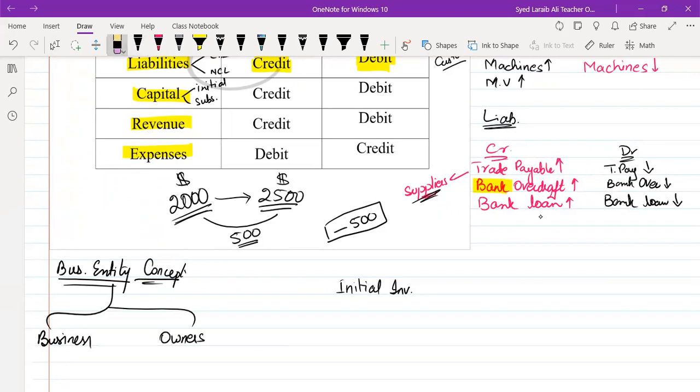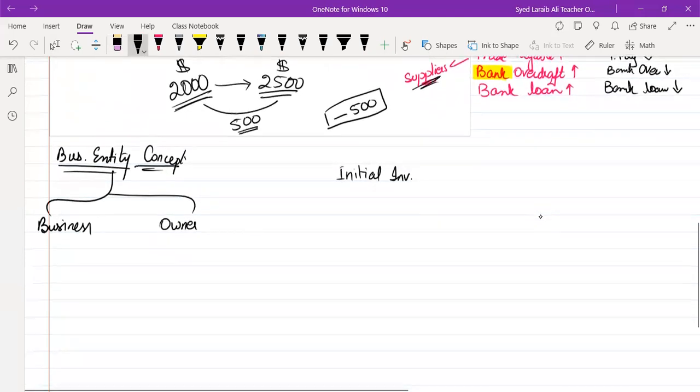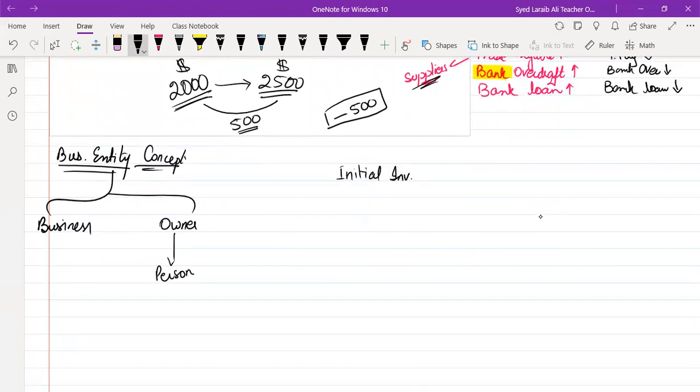The business and the owner are two different entities. It means to say the personal expenses and income of the owner cannot be recorded as an expense of business.